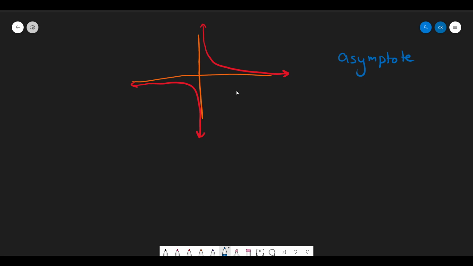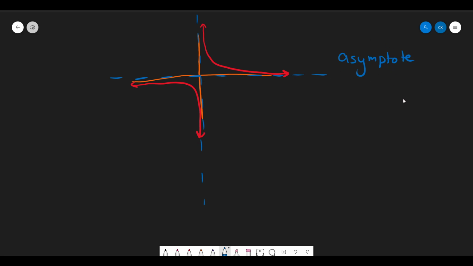Now, in this graph, we actually have 2 different asymptotes. There's one of our asymptotes, and there's the other asymptote. See how the graph gets closer and closer to that blue dotted line, but it'll never cross it. It'll never touch it. Same with over here. It's going to get closer and closer to both of these blue dotted lines, but never cross them. That's what an asymptote is.